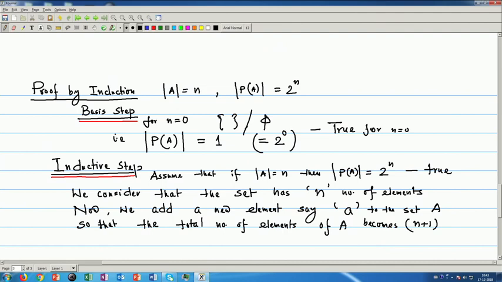That means, now the new cardinality of A is n plus 1.